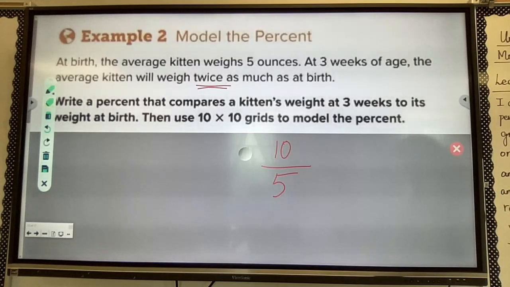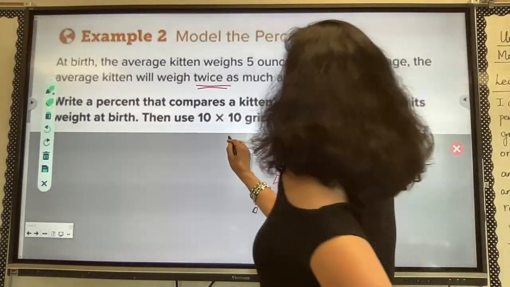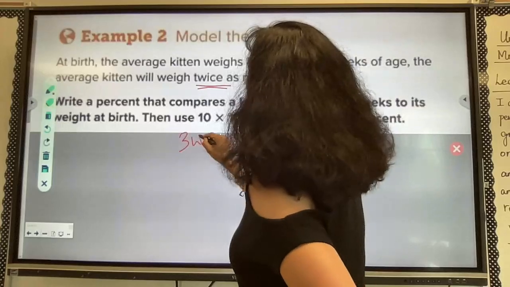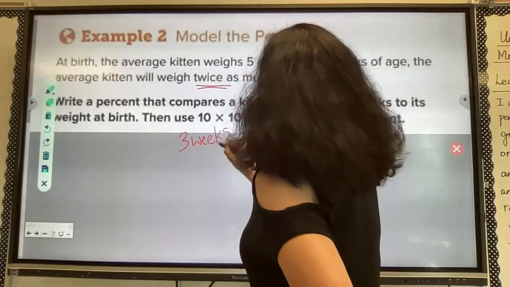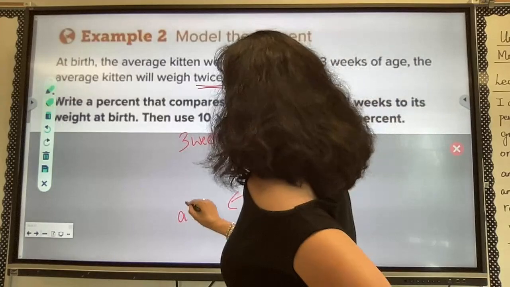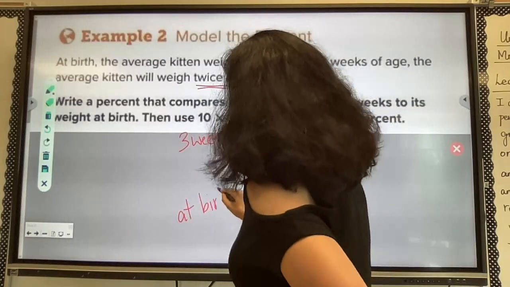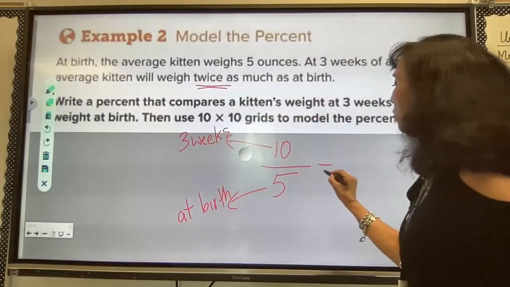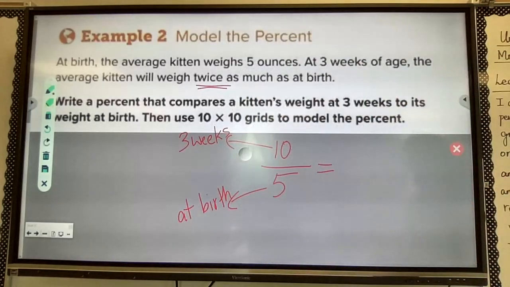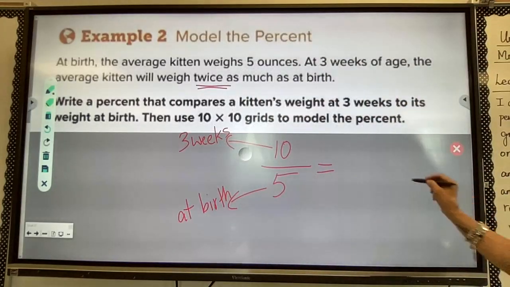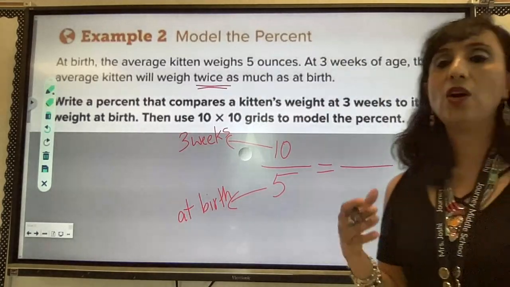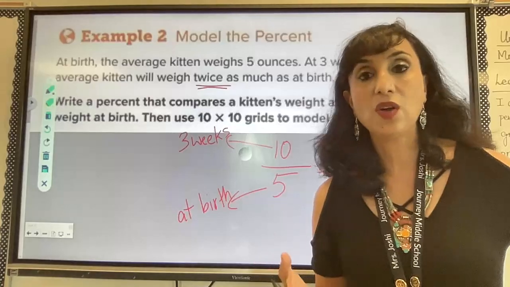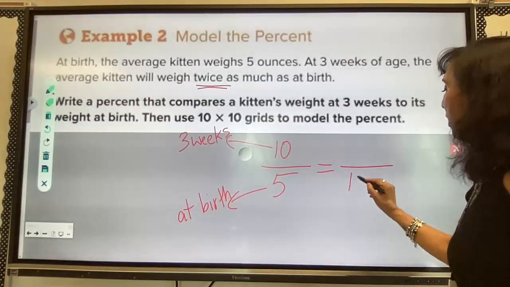And what we're going to do is equivalent ratios, because this is at 3 weeks and this is at birth. And then we are going to do an equivalent ratio and change it to a percent. And I know that the denominator in a percent is always 100. So I'm going to divide by 100.